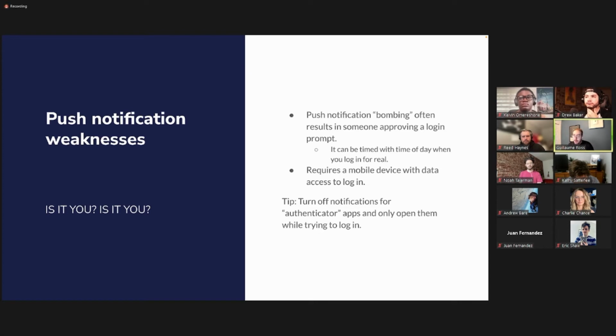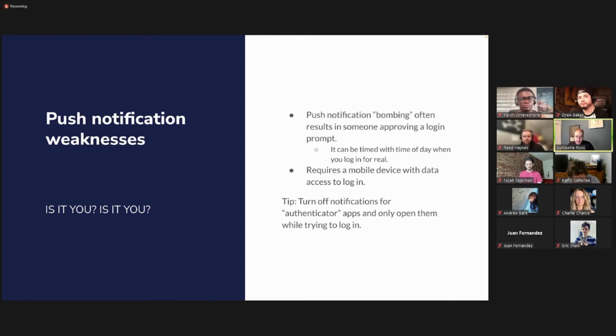It's not as vulnerable to regular phishing, right? Because the real website needs to send you a notification, but you could be spammed for it. In terms of user experience, it really requires your mobile device with data access to log in, right? So that nowadays is less of a problem, but it can be annoying sometimes.